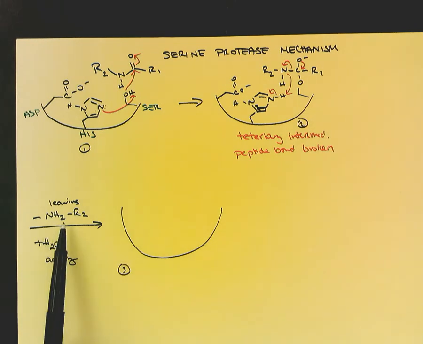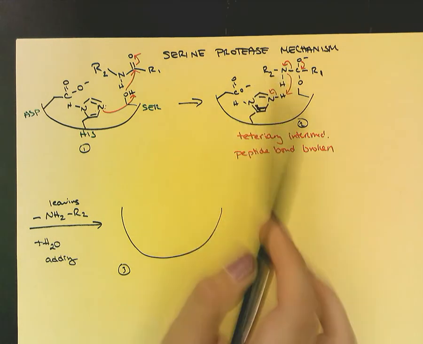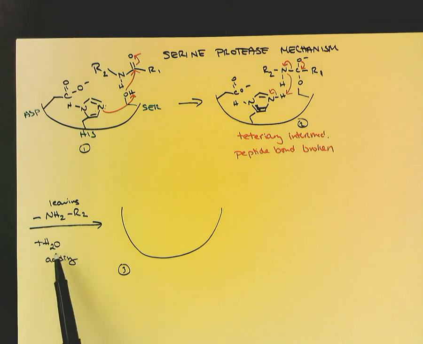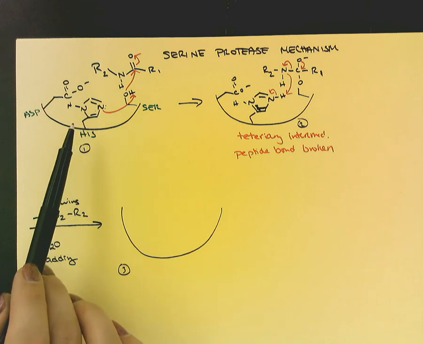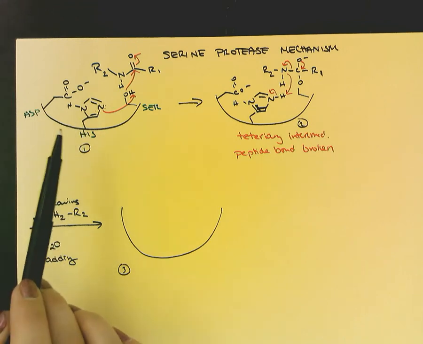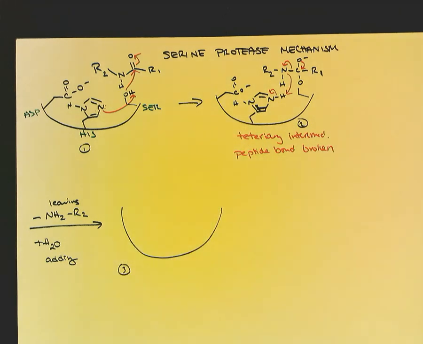Our NH2R2 group has left the active site because we just broke that peptide bond. Now NH2R2 floats away. I'm going to add some water to my active site because I have to regenerate my active site to what it used to look like. So really, the next 3 steps are just regenerating the active site to what it used to look like.